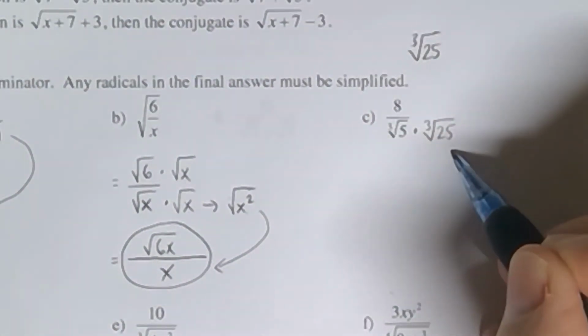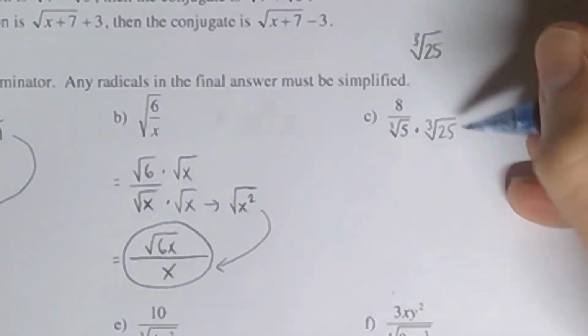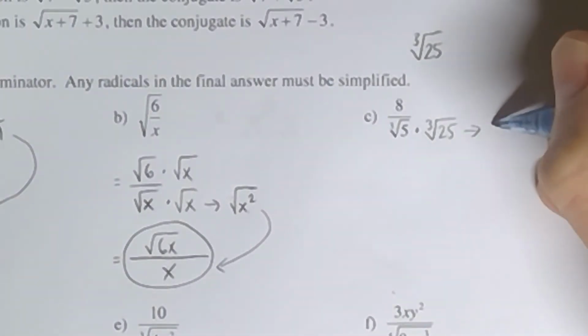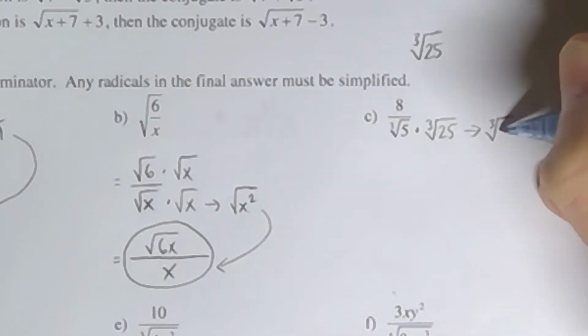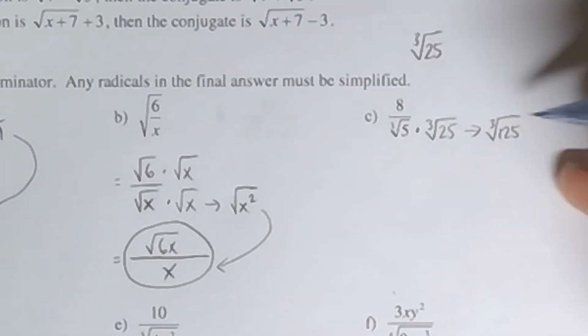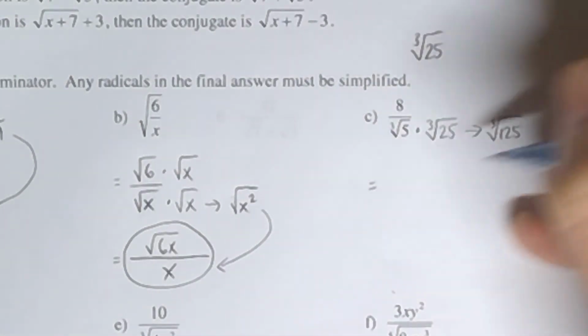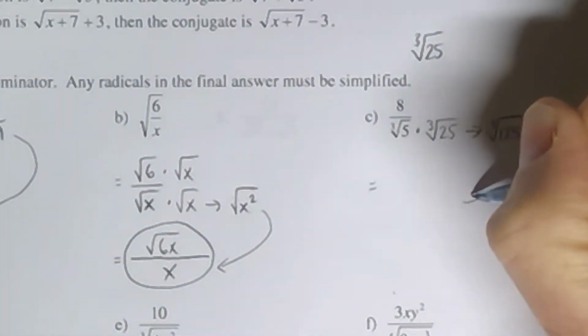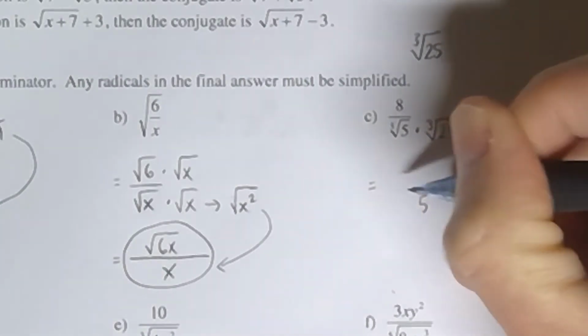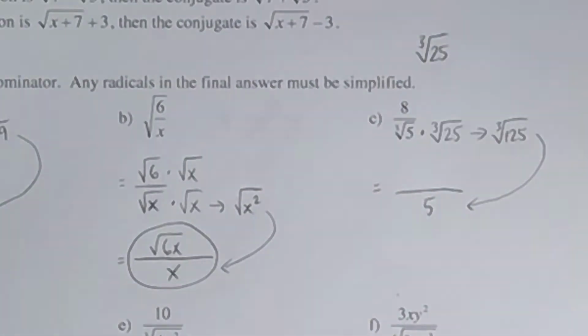That's the missing number that'll work. Because if I multiply by the cube root of 25, I get inside times inside is equal to inside. That leads to the cube root of 125, which is equal to 5. So I did it. I got rid of the radical.